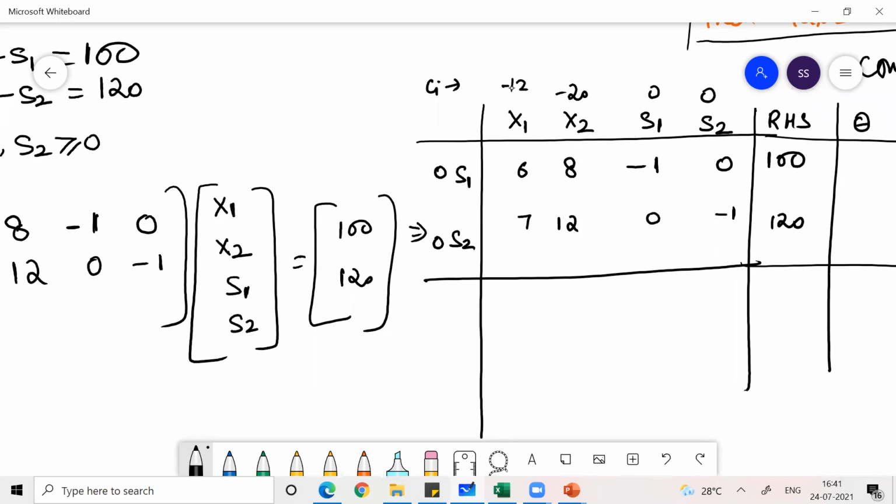What is the first thing you do when you get a linear programming problem? If I give you an LPP problem, what is the first thing I try to do in the problem?